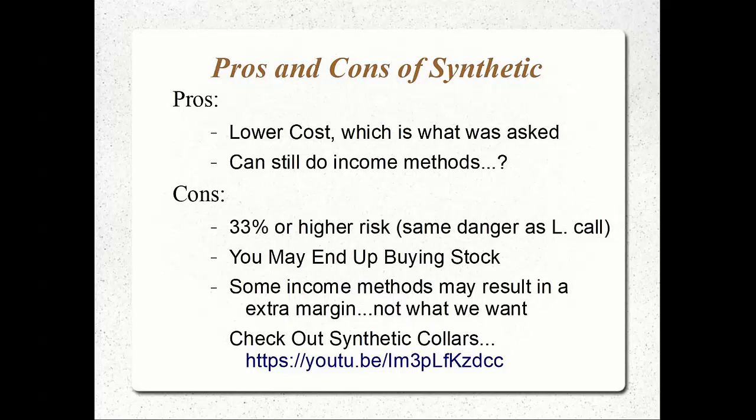So selling a call against it might be a debit spread or a credit spread depending on the structure. So you could still do the income methods, but you're going to have to be able to do spread trades. With some of the more advanced income methods, income method number 6 and income method number 5, you may actually end up holding a naked call because of the obligations, because you don't own the underlying stock.